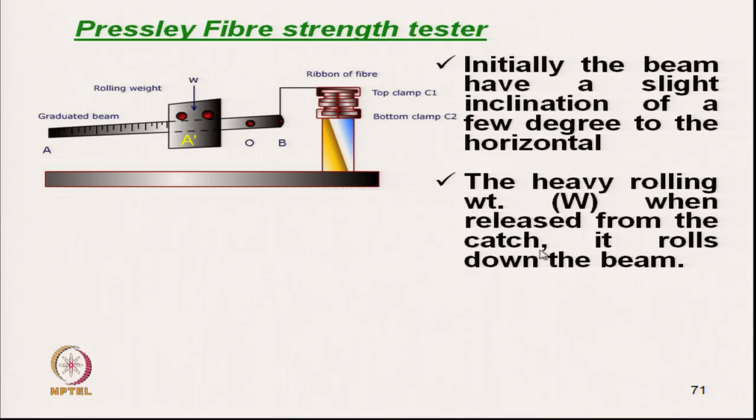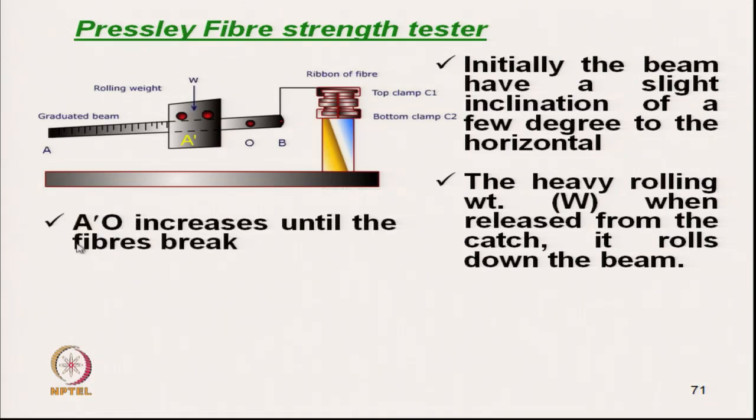Initially it is fixed, and when it is released from the catch, the roller rolls down along the beam. As it rolls down, the force applied on the fiber bundle gradually increases, and AO increases until the fiber breaks.